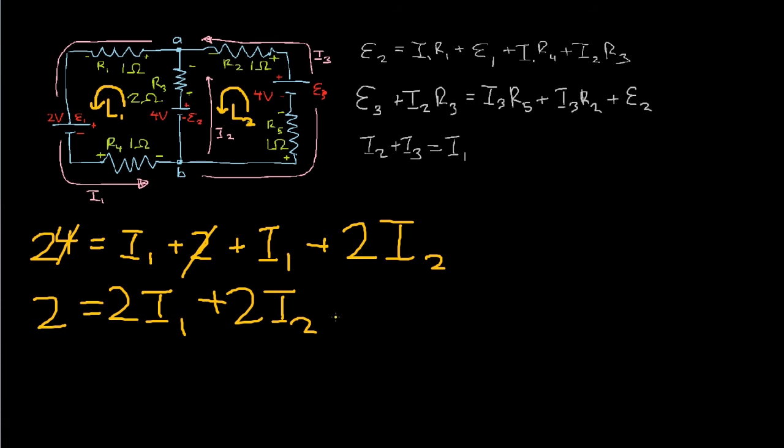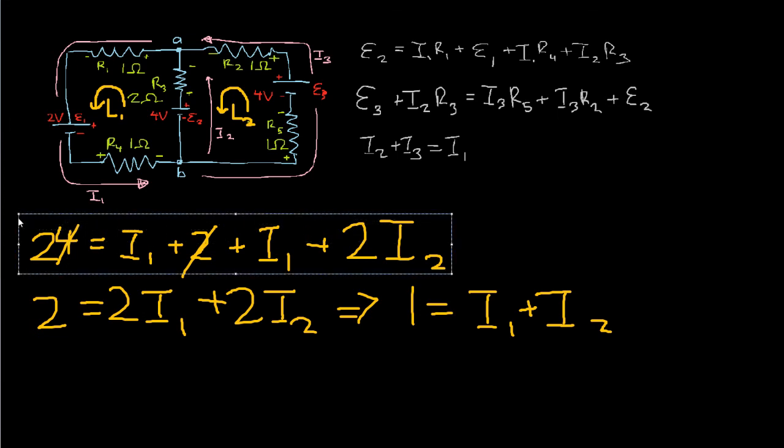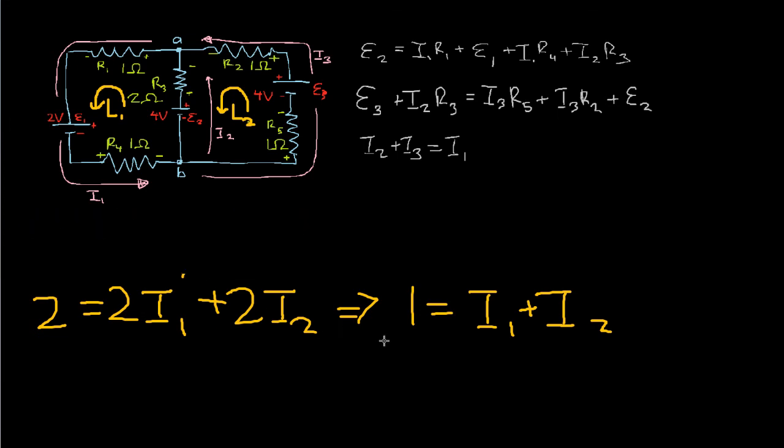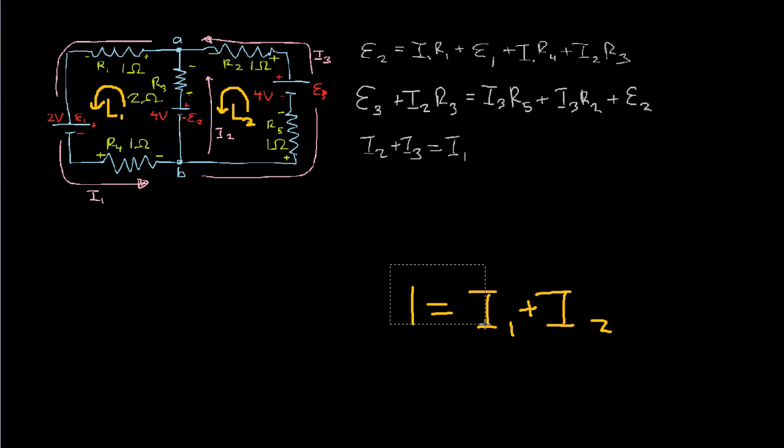And guess what? We can simplify it a little more. 1 equals I1 plus I2. How elegant. Alright, so let's take away those little more complex equations.